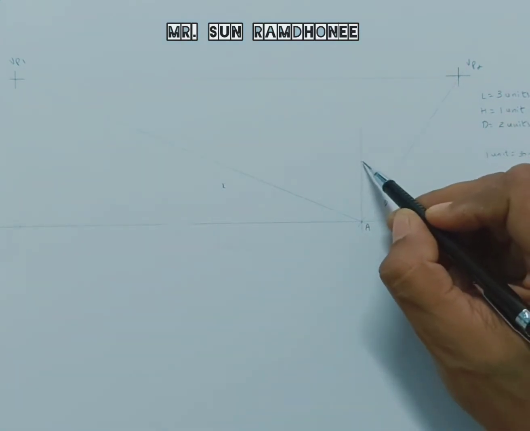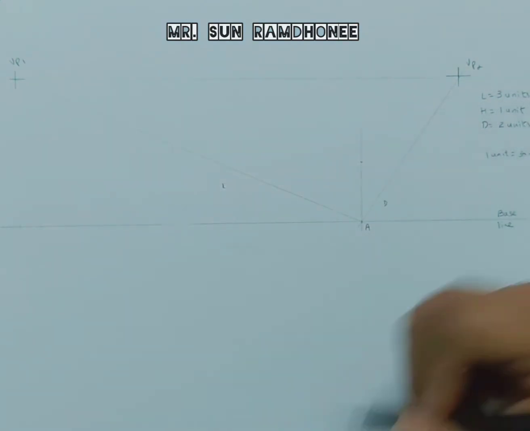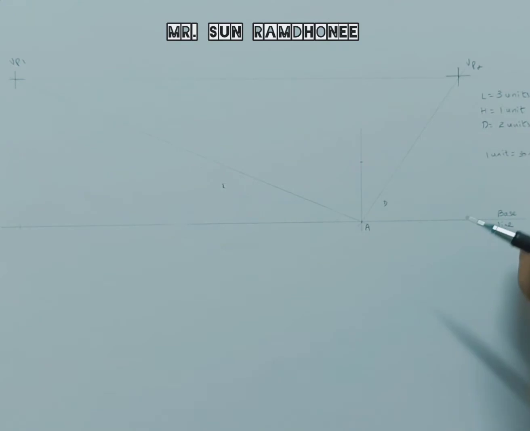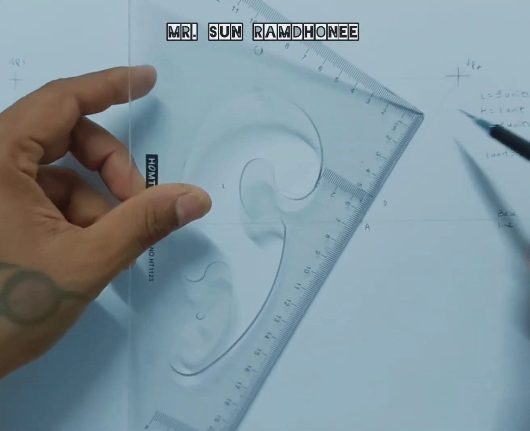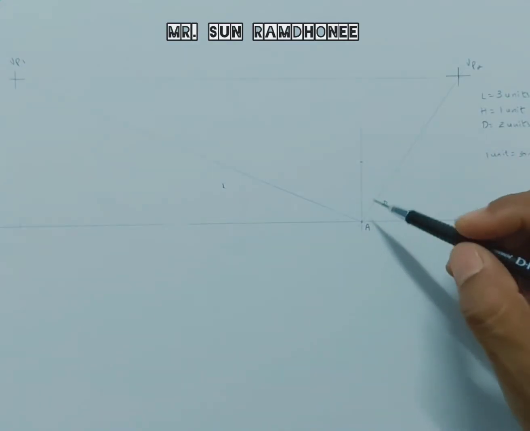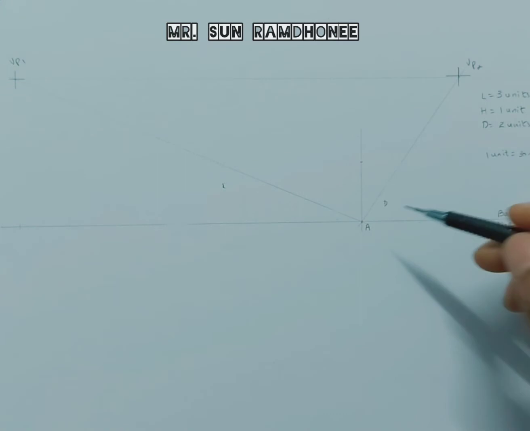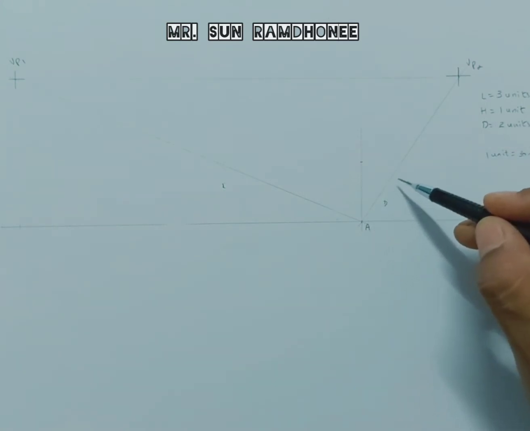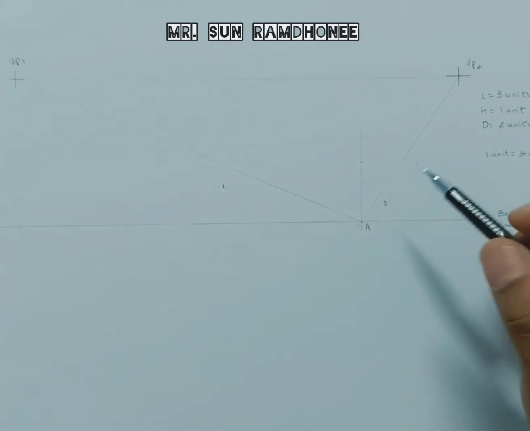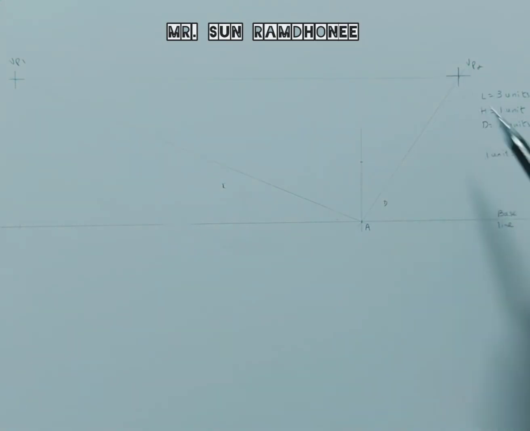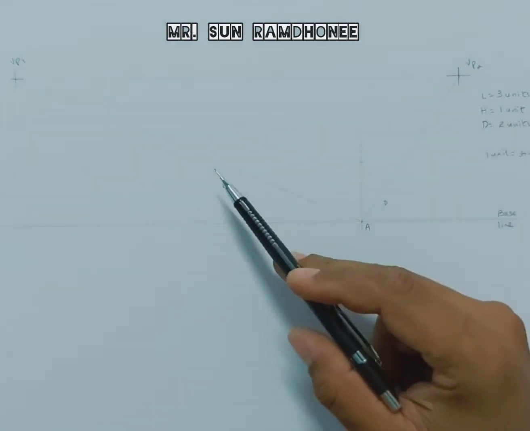So this is the maximum height for this object. But we cannot measure 60 here, because when we look at an object in perspective, this distance will be shorter, because of the vanishing point. Same goes for the length.